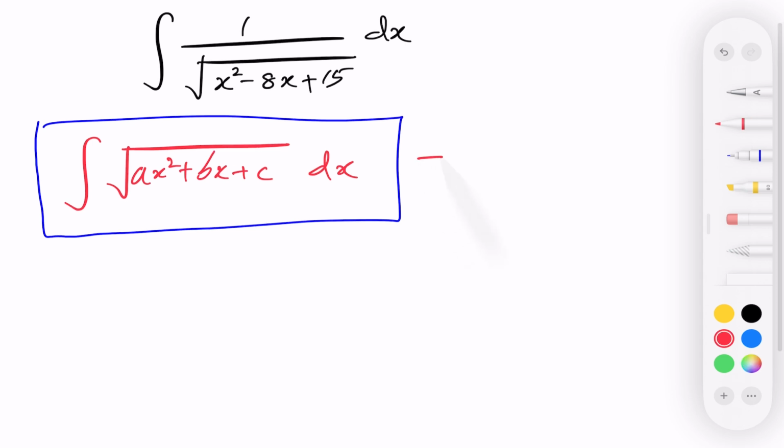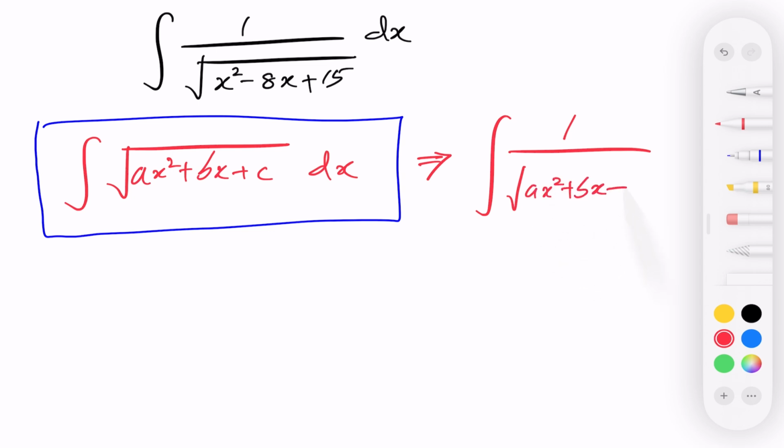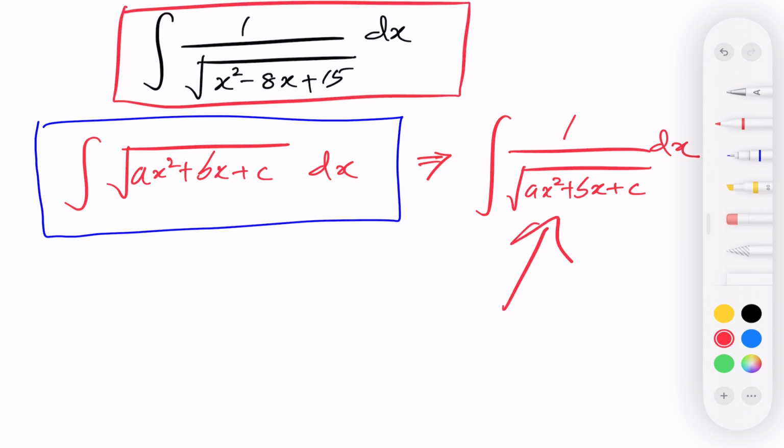The same methods can be used to evaluate integrals of the form 1 over square root ax squared plus bx plus c dx as well. This is an example of that form, where the square root term is in the denominator. Since all the methods were discussed in the video that I released on Monday this week, I'm not going to talk about all the methods in this video.